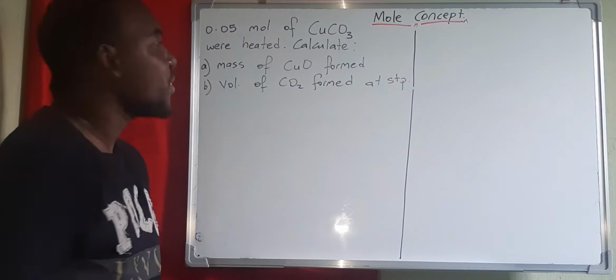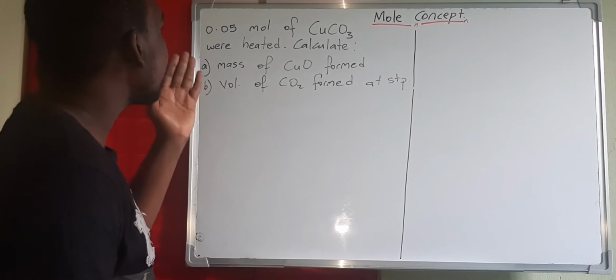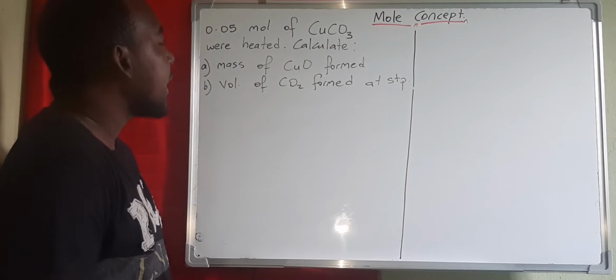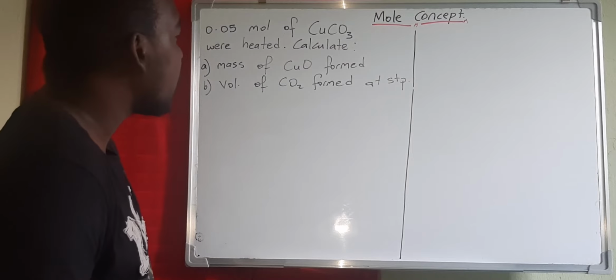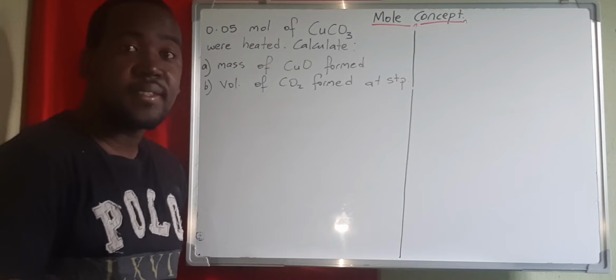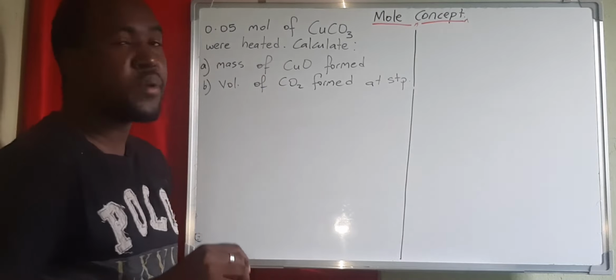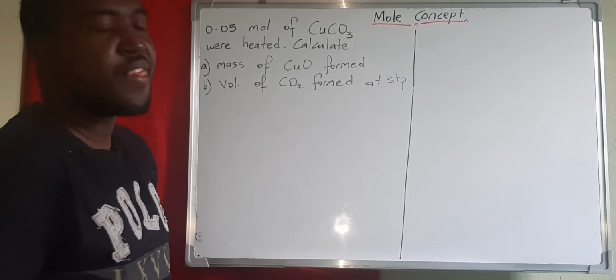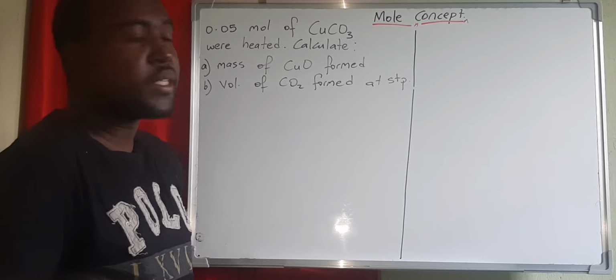All right, so let's go with this question. We have 0.05 mole of copper carbonate that was heated. Calculate the mass of copper oxide formed and the volume of carbon dioxide formed at STP. All right, so once we're given a question that requires a chemical equation, the first thing before doing any calculation is to write our chemical equation, right?